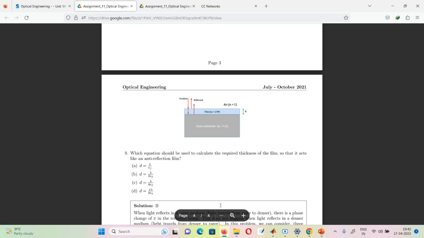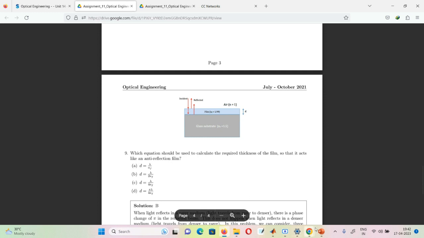You want destructive interference. What is the condition? If the path difference between the two beams is an odd number multiple of lambda by 2, you are going to get destructive interference.